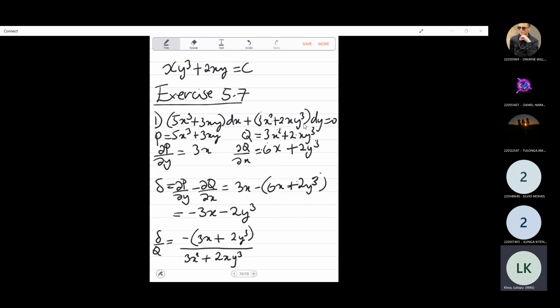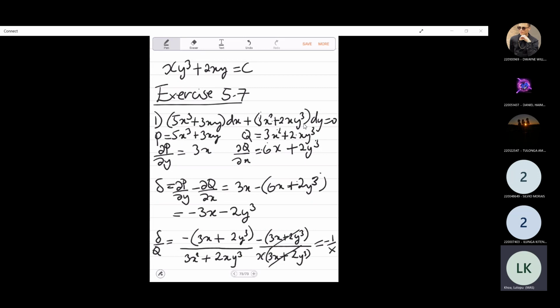So this is negative (3x plus 2y cubed) over x times (3x plus 2y cubed). Okay, then those two will cancel, and then I have negative 1 over x.